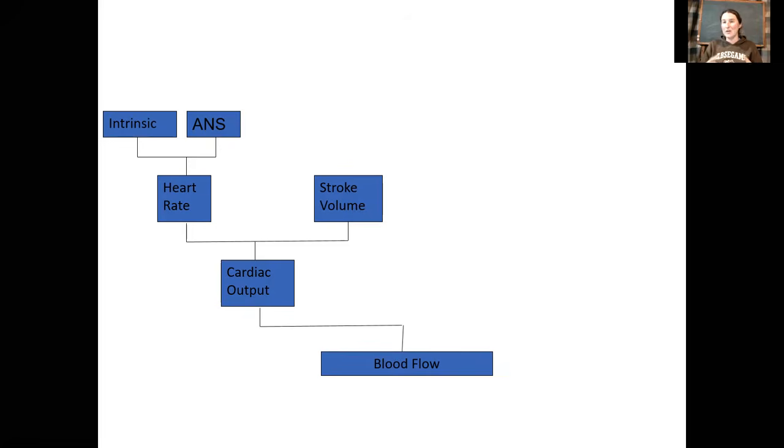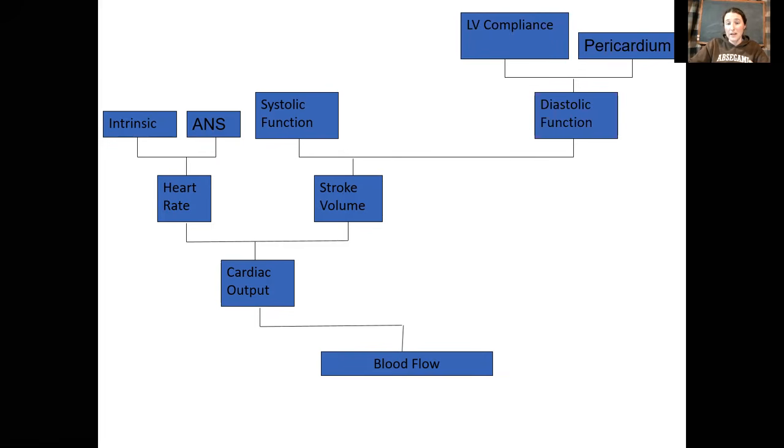And so good thing we can do heart transplants and keep the heart happy from one human body into the next human body. So these intrinsic mechanisms are going to inherently determine the heart rate. We'll get there. Stroke volume is determined by both the systolic function and the diastolic function.